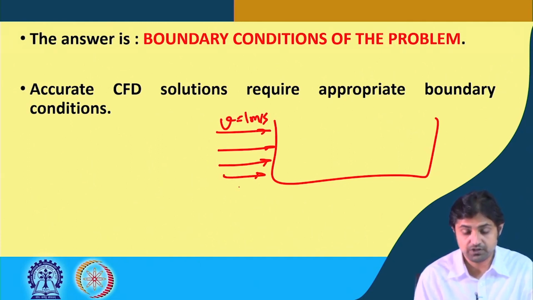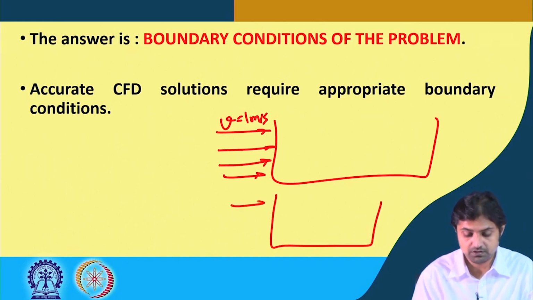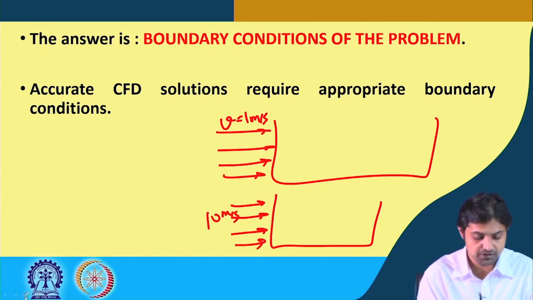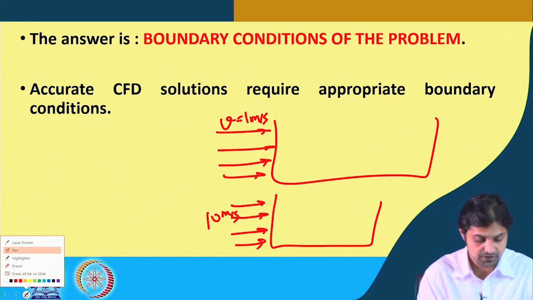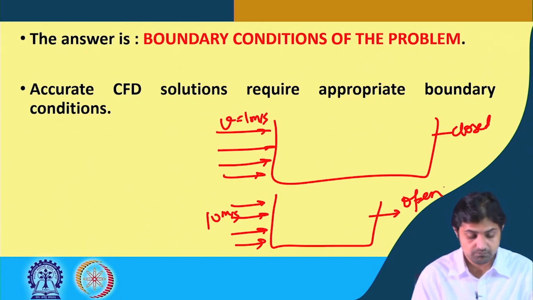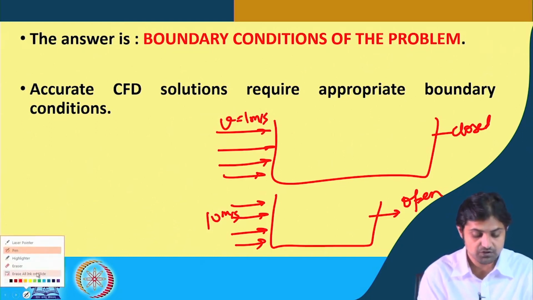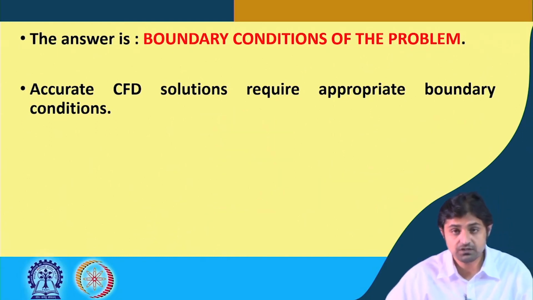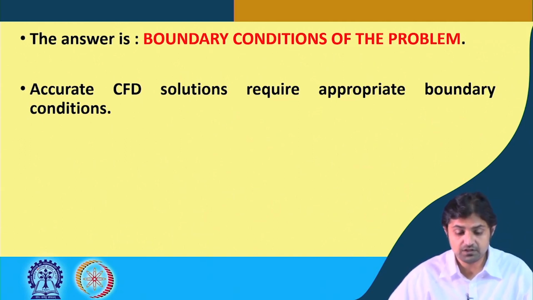So this is one boundary condition. There could be others where the velocity could be 10 meters per second, for example. So these are different boundary conditions, that is why we get different results. Suppose one of the boundary conditions could be that this is closed at this end and the other could be open. So this is another boundary condition. Because of this difference in boundary conditions, we have different solutions of the problem.